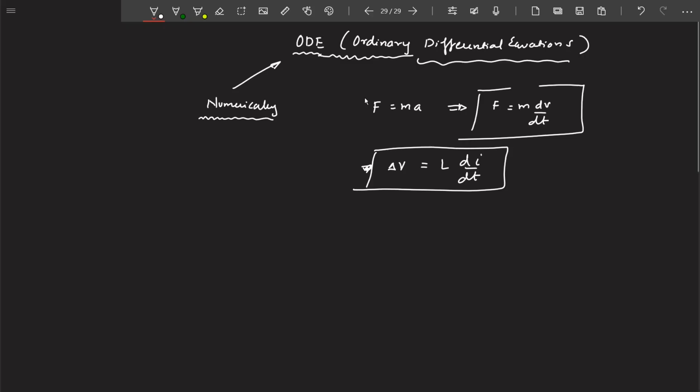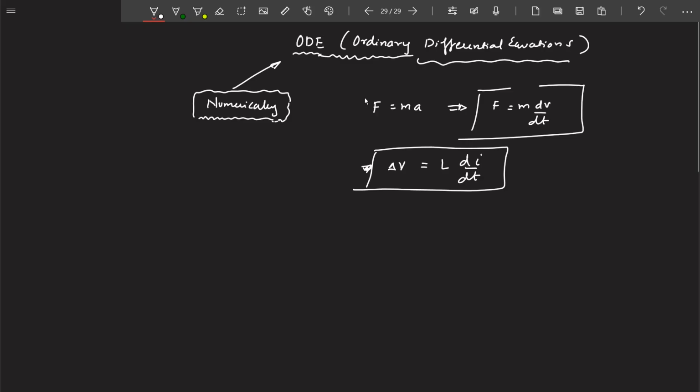When you talk about real life phenomena, the differential equations that you get are complicated and non-linear, and there is no analytical solution available to solve those kinds of problems. So to solve those problems, we attack them numerically, using the concepts that we studied.